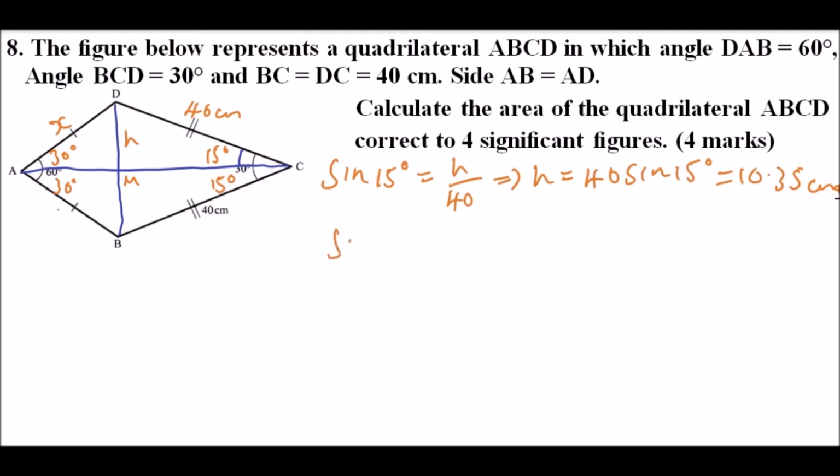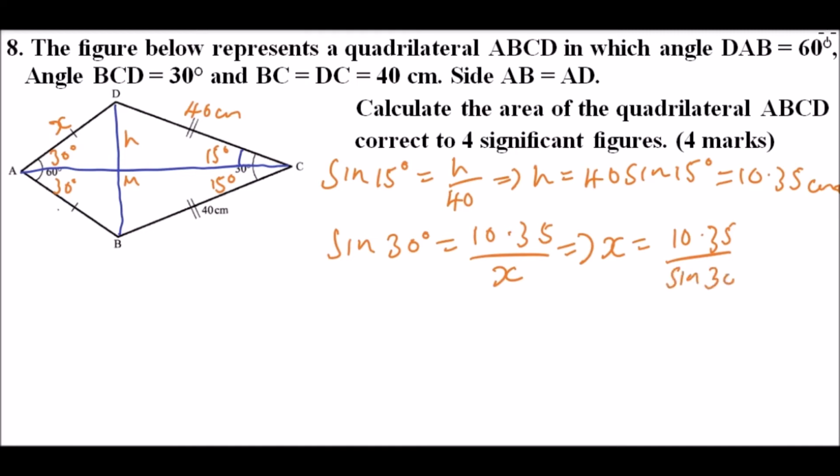So we say sine 30 degrees is equal to our height, 10.35, divided by our hypotenuse x, implying that x is equal to 10.35 divided by sine 30, and when you calculate that, you should get 20.7 centimeters.